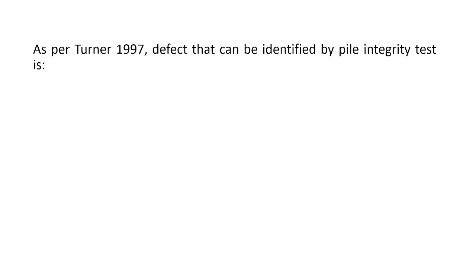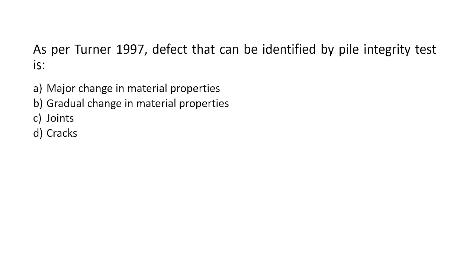Now, as per Turner 1997, defect that can be identified by pile integrity test is major change in material properties, gradual change in material properties, joints, cracks. This gradual change cannot be detected.